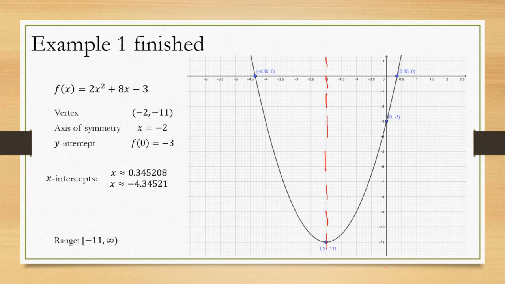Essentially, it is the y coordinate of the vertex. You're either going to go to infinity, as in this case, or you might go to -infinity. But hopefully you can see that the range is -11 to infinity. We're including the vertex. We're including -11. How can we see that otherwise? Well, you can draw these horizontal lines.